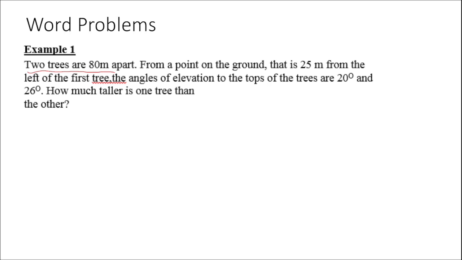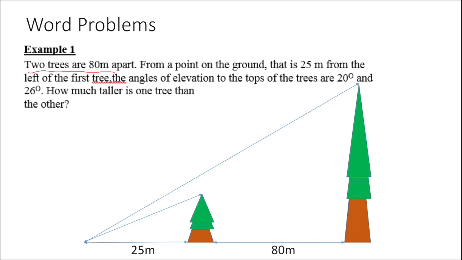So it says two trees are 80 meters apart. From a point on the ground that is 25 meters from the first tree, the angle of elevation to the top of the trees is 20 degrees and 26 degrees.